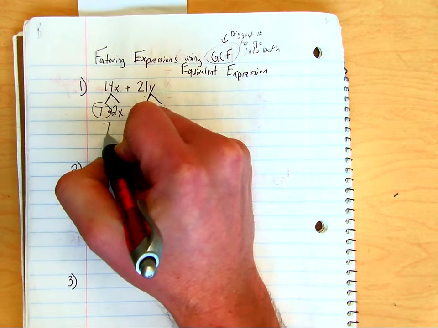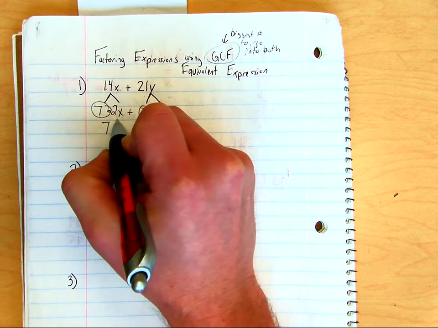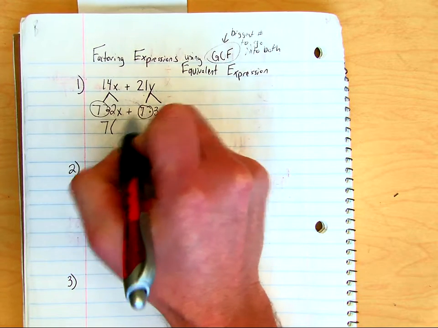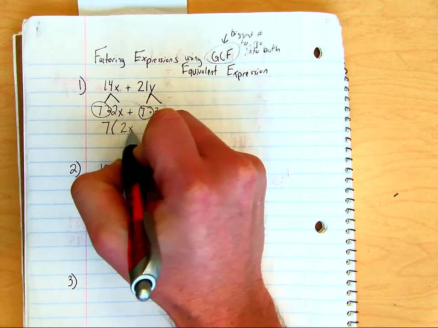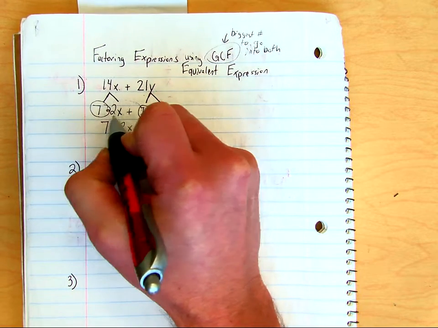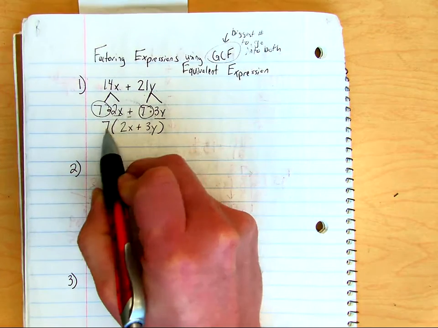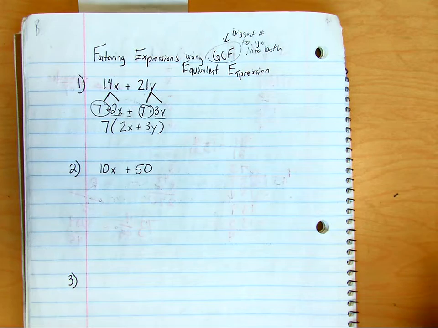So when I'm looking at it, that's 7 times, I'm factoring this out, taking it out from both of them, and it leaves me with 2x plus 3y. 7 times 2x plus 7 times 3y.